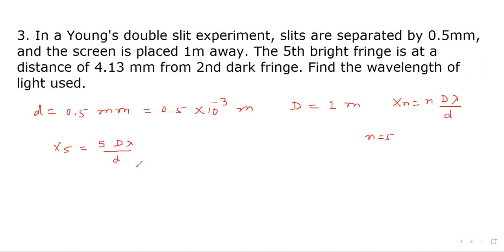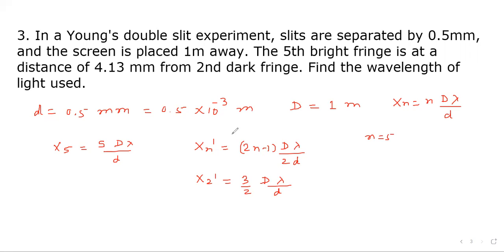And for the second dark fringe, the position of the dark fringe is given by xn dash equal to 2n minus 1 times D lambda upon 2 d. So for the second dark fringe, it means x2 dash equal to 2 into 2 minus 1, that is 3 by 2, D lambda upon small d.